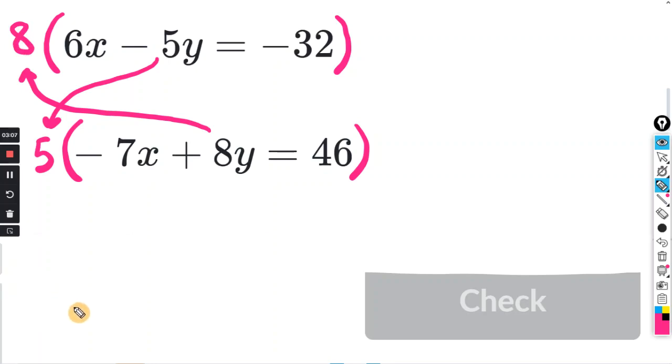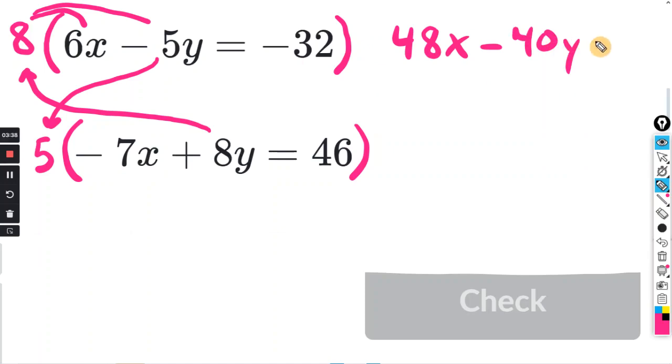All right, and now we are going to distribute. Basically, by distributing, we're multiplying both sides of the equal sign by the same number. You can multiply both sides by the same number, as long as you do both sides of the equal sign, you have to distribute. 8 times 6x is going to give us 48x. 8 times negative 5y is negative 40y.